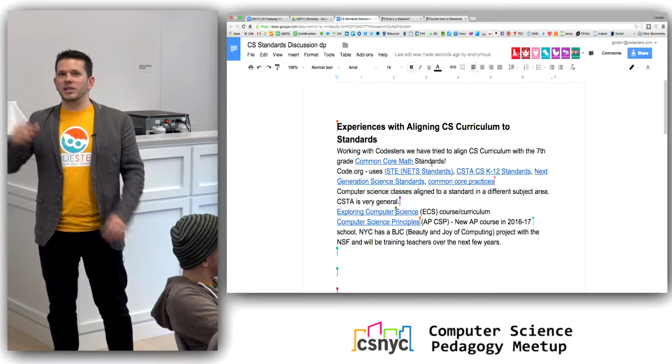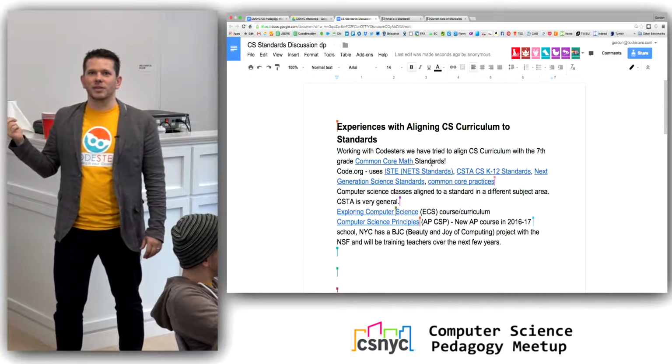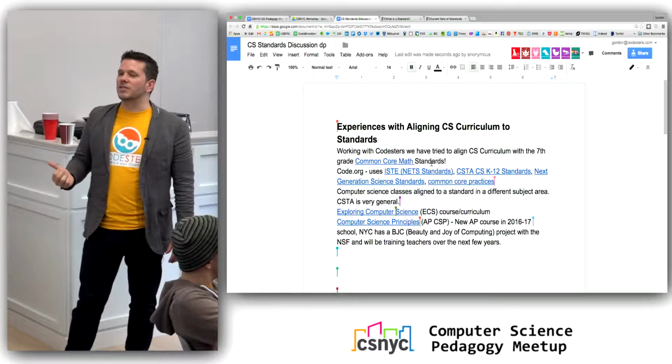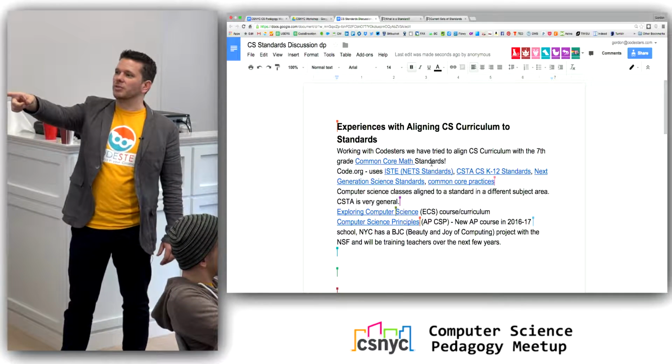ECS is a high school class, Computer Science Principles is a 9th, 10th grade AP. Beauty and Joy of Computing, same thing. So the majority of this is at the high school level and thinking about how to translate this down to middle school knowledge.